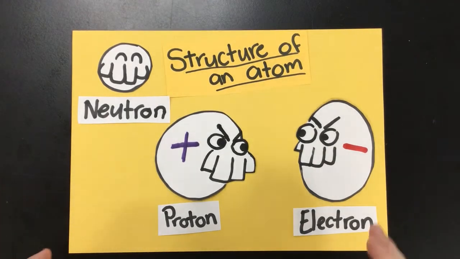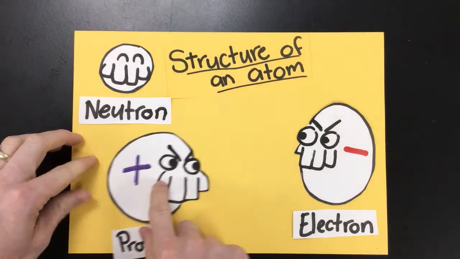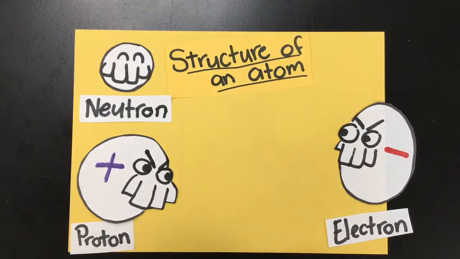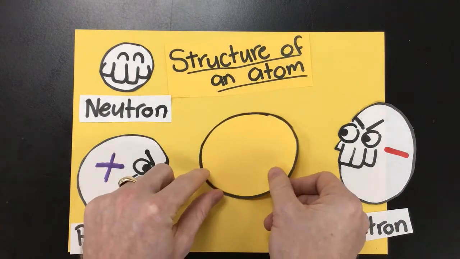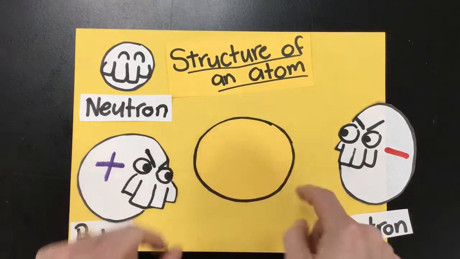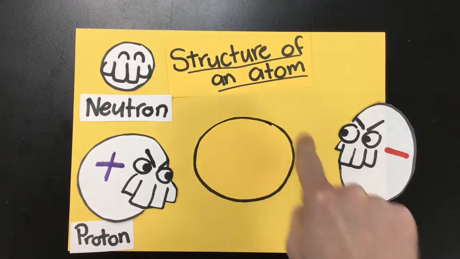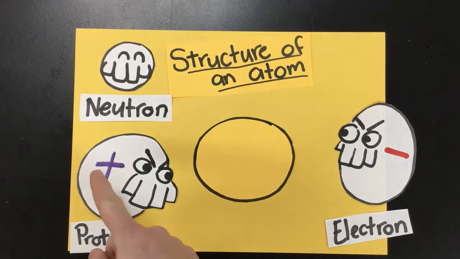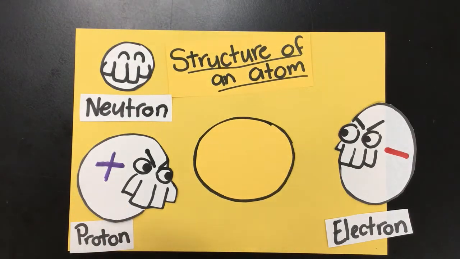Now this is rather important because it does help us figure out the structure of an atom. If we were to place this into a structure of an atom, what we would first need is the playing field. So here's my playing field in the middle. We can call this the playing field for this competition. If I was to put my teams on the field, I would first put my proton on the field.